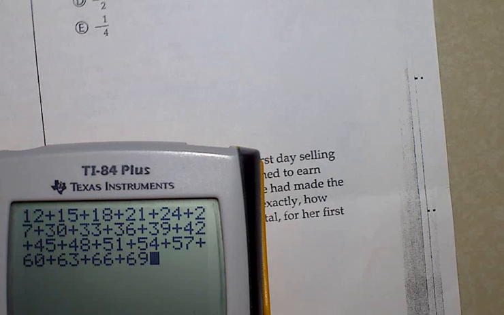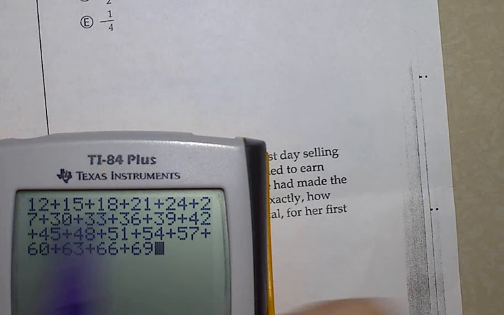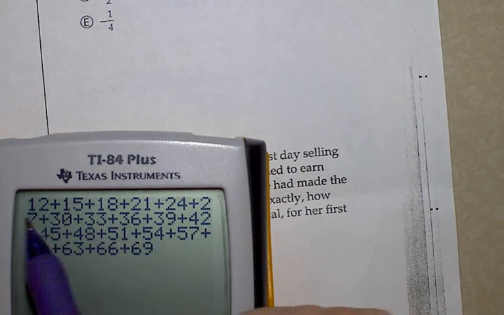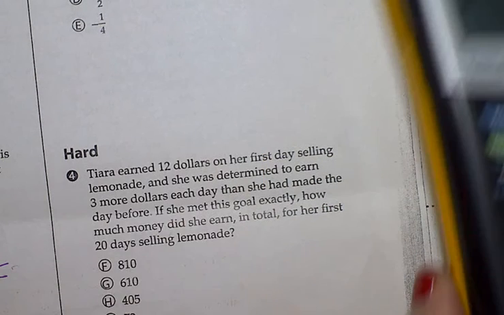I'm going to look back at my math. I don't want to make a simple mistake. Started at 12. Plus 3, 3, 3, 3, 3, 3. Okay, make sure I have 20 days. Press enter. 8, 10, is that an option? Yep. Problem done.